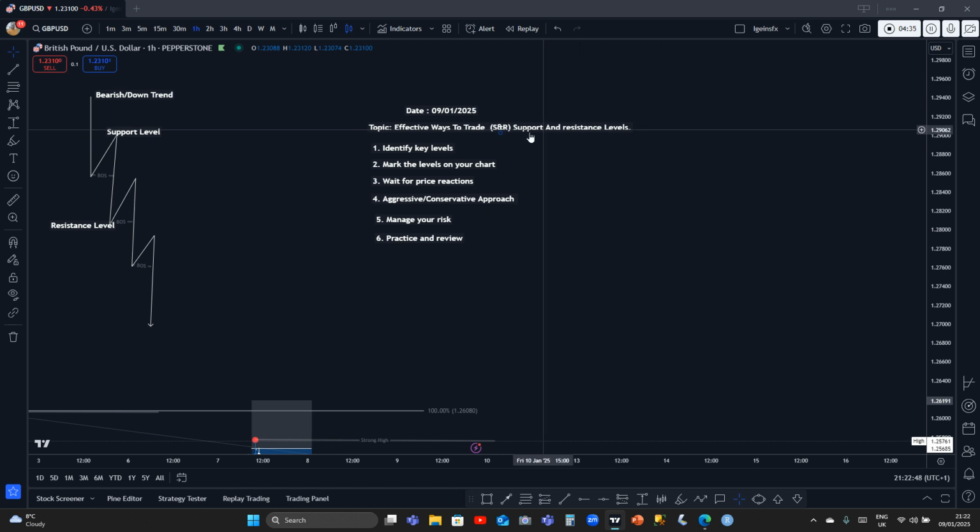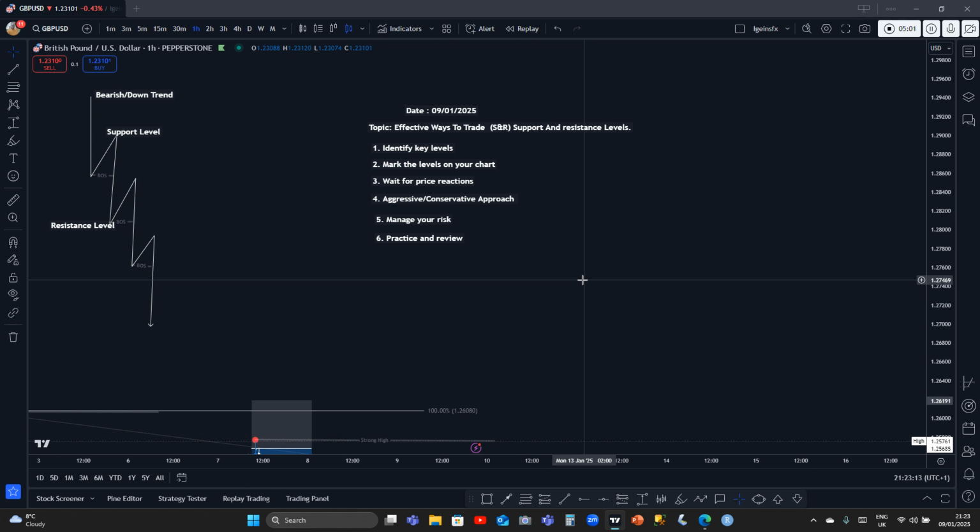You have to use your historical data to identify the key levels. Look for areas on your chart where the price has previously reversed or struggled to break through.